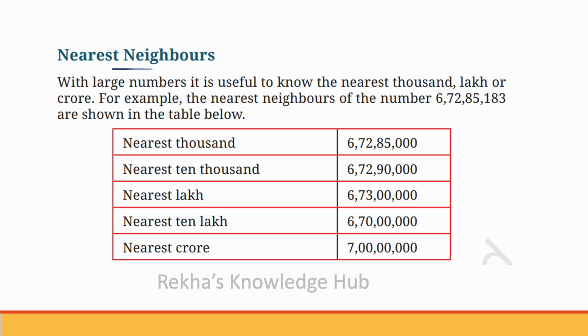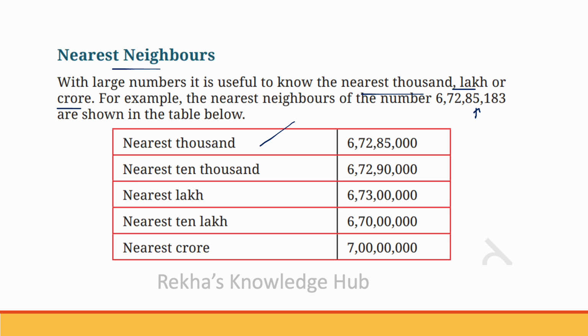Nearest neighbors. With large numbers, it is useful to know the nearest thousand, lakh, or crore. For example, the nearest neighbors of the number 6 crore, 72 lakh, 85,183 are shown in the table below. To find the nearest thousand, first look at the thousands place digit. Here it is 5.